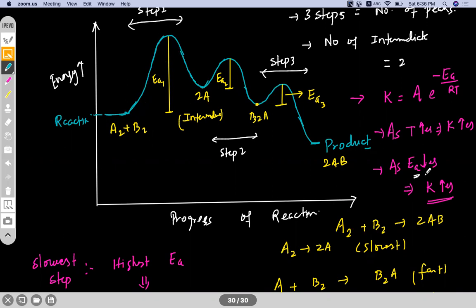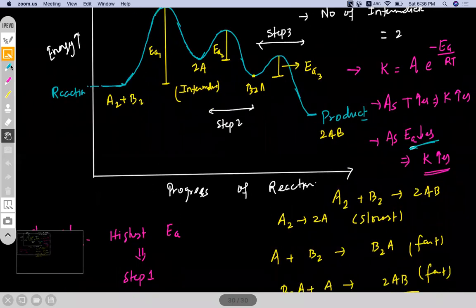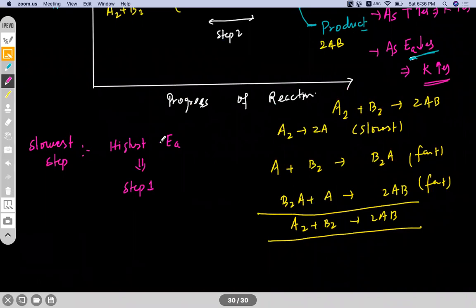But mathematical relation we have here. As activation energy decreases, K increases, rate of the reaction increases. So if they ask you which one is the slowest step, it is the one which has the highest activation energy, that is the step 1 for this reaction.